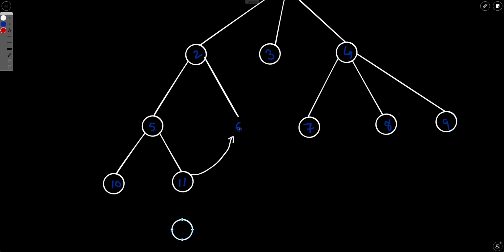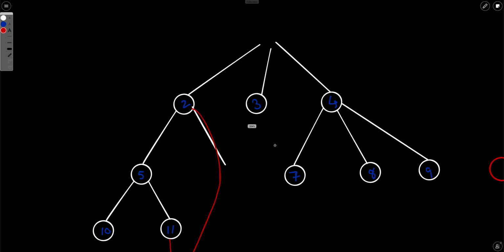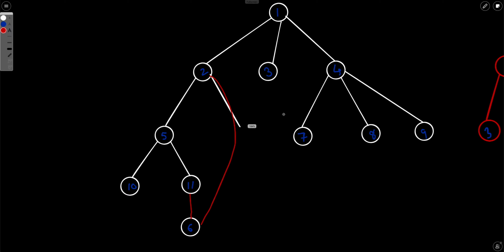Because 11 to 6 was an edge, this edge is there. And if you remember that 2 to 6 was also connected, so this is another possible structure. There can be other structures as well, given the different edges.